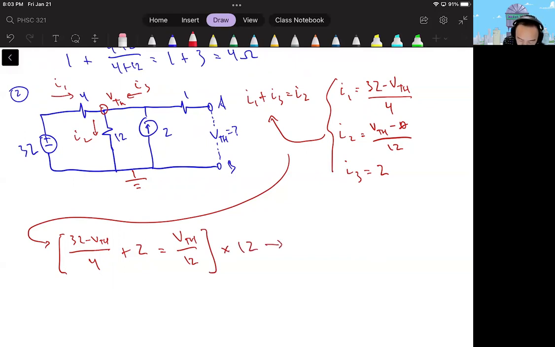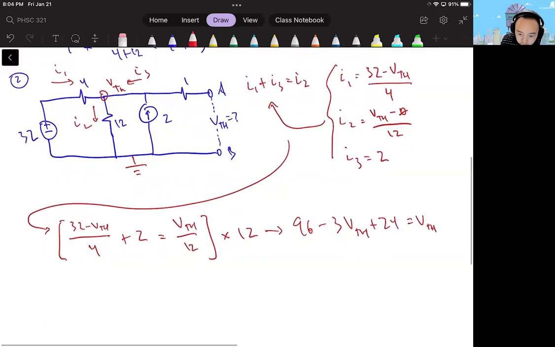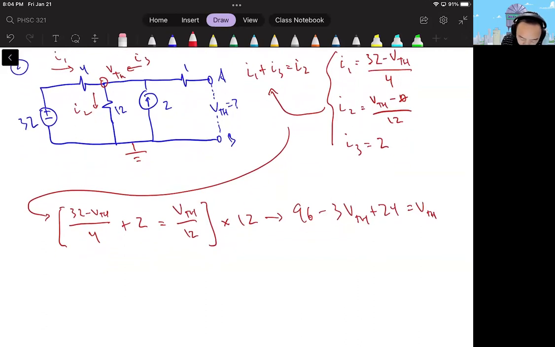Then I end up with 96 minus 3 VTH plus 24 is equal to VTH. I do this just to simplify things for myself. Simplifying all this and solving, you end up with 120 is equal to 4 VTH. So VTH, or Thevenin voltage, is equal to 30 volts, like so.